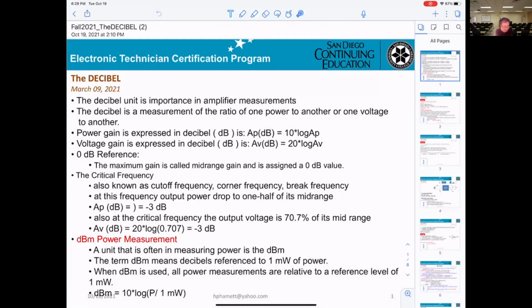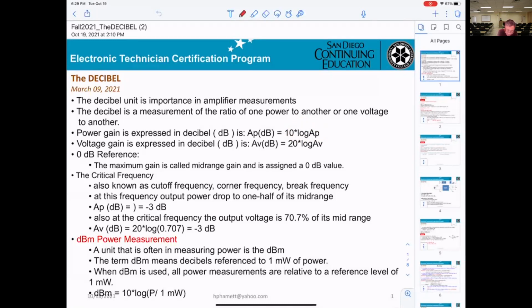Okay? And they give you the formula. If you want to calculate the gain in decibel, it will equal 10 times log of AP. You understand AP? AP means the gain of the power.